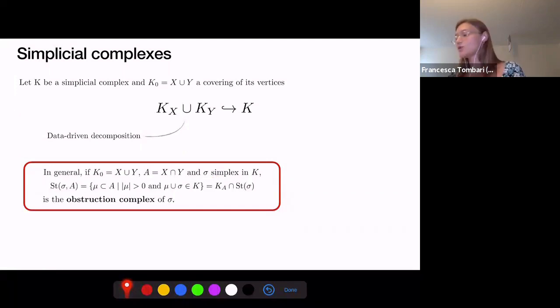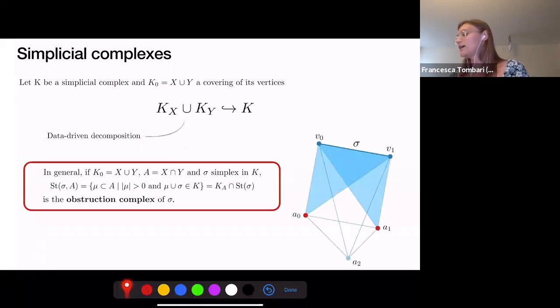Again, to have a visual intuition of this, consider this simplicial complex and consider sigma as a simplex in it. I don't know if it is clear from the picture, but it's just this edge, V0, V1. Well, A0 and A1 are, for example, two zero simplices in the obstruction complex of sigma.